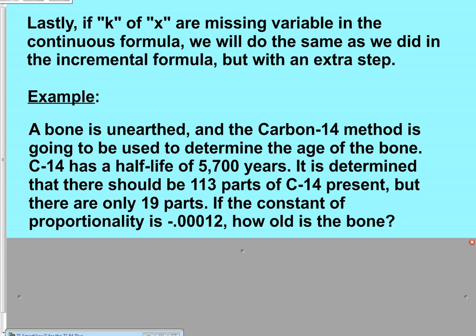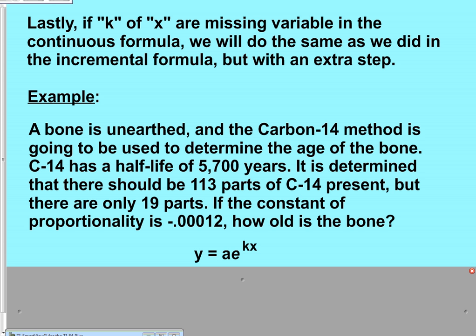Okay, so let's take a look. This is a continuous thing. Obviously, the carbon-14 does not wait an hour and then decompose and then wait another hour and then decompose. It's happening on a continual basis. So our future value of carbon-14 should be 29. I'm sorry, 19 out of the problem.